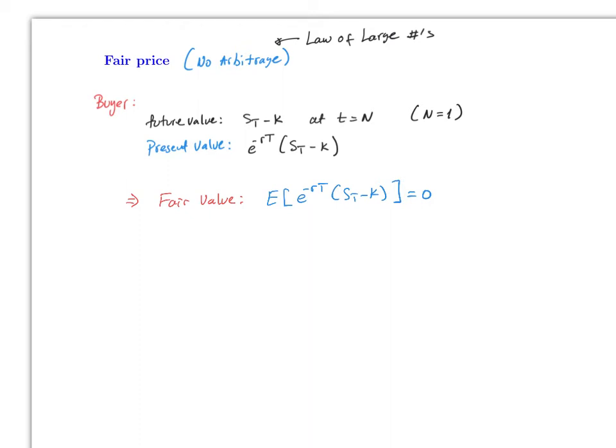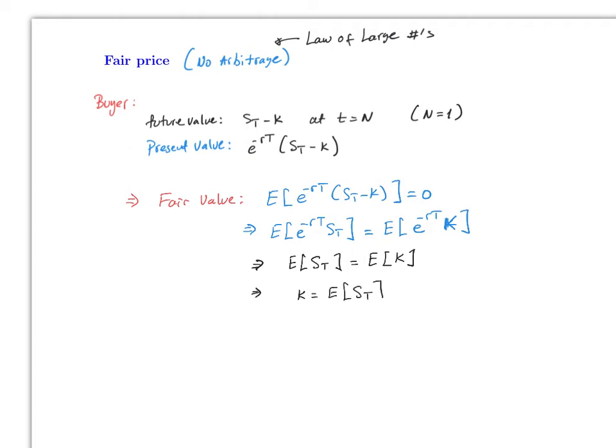Which implies that the expected value of e to the minus rT times S_T should be equal to the expected value of e to the minus rT times K. Now, since r and T are not random, this implies that the expected value of S_T should be equal to the expected value of K, which is also not random. So this means that K should be equal to the expected value of S_T.